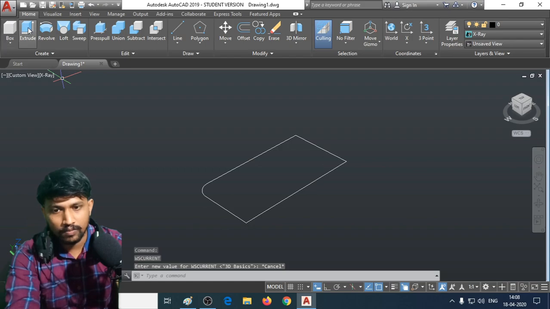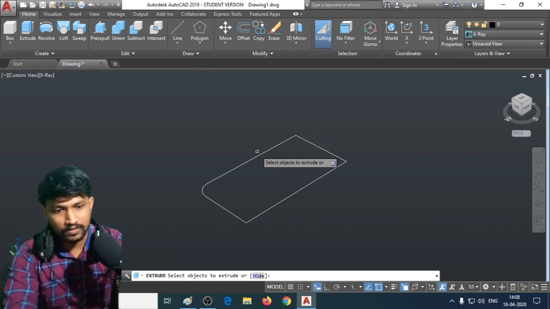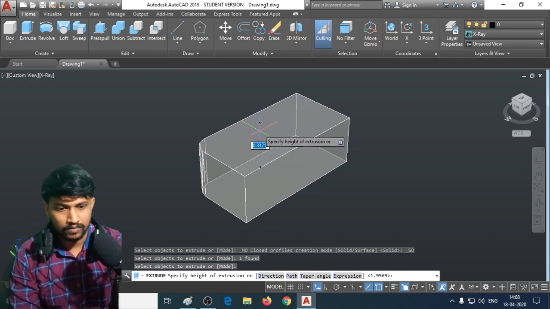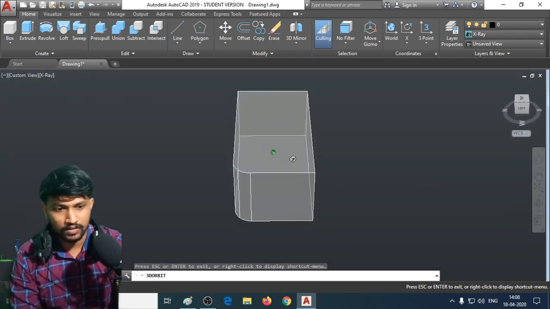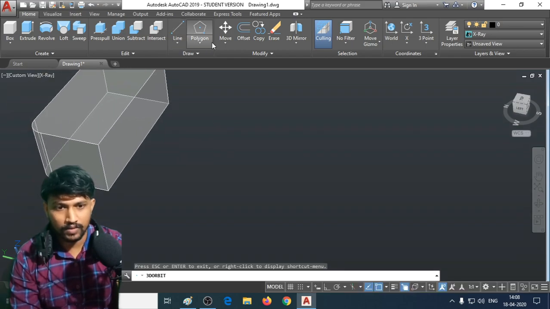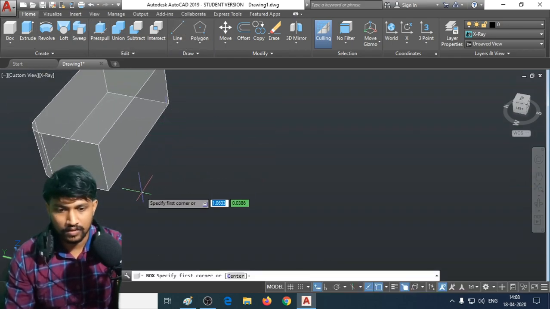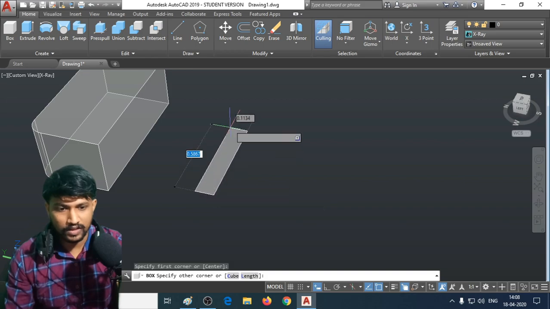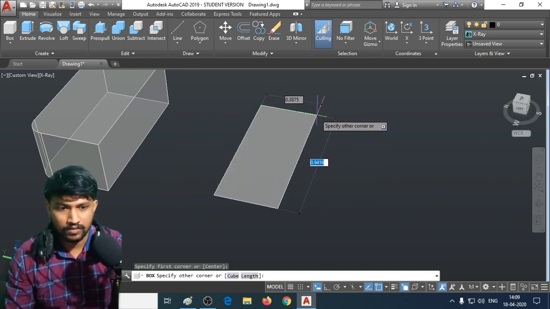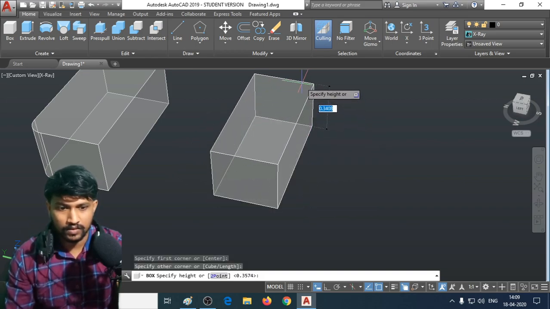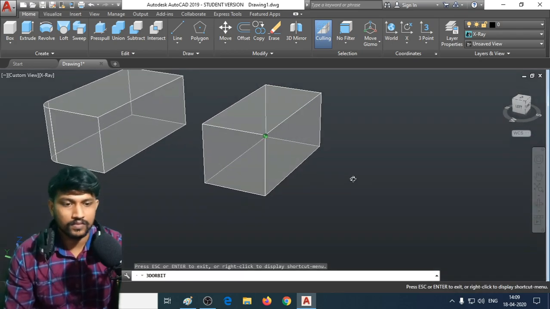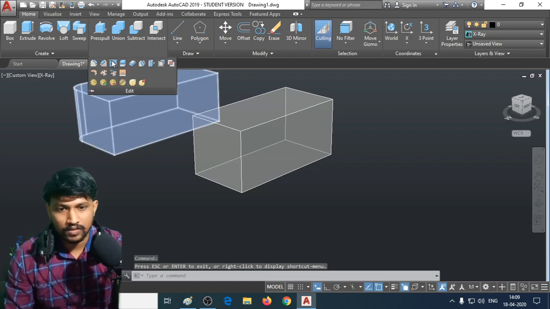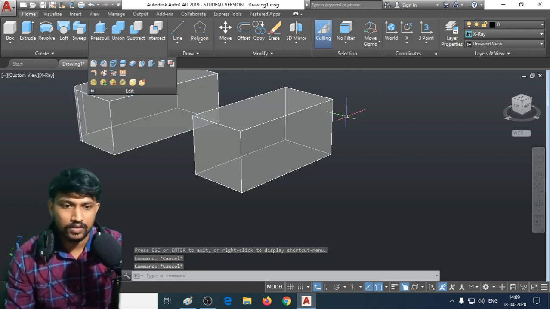I'm going to apply the extrude command. Okay, so let me create the same cube here, approximately of the same dimension. I hope so. Okay, choose fillet edge.